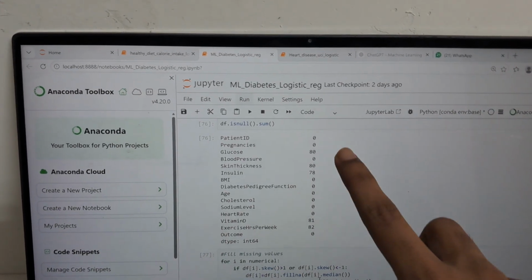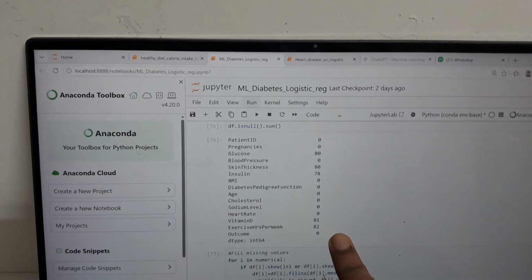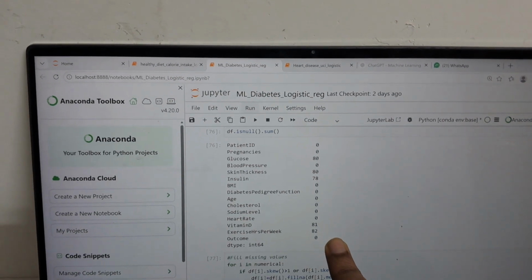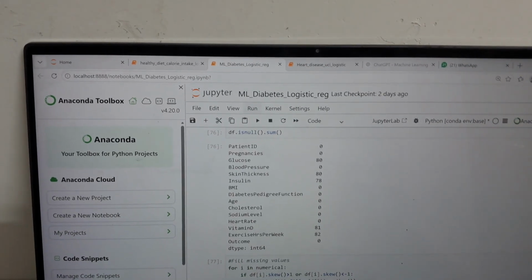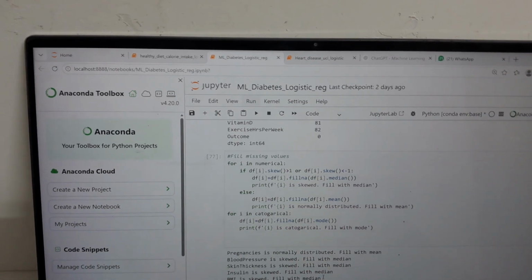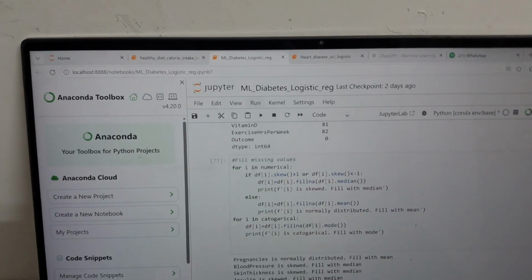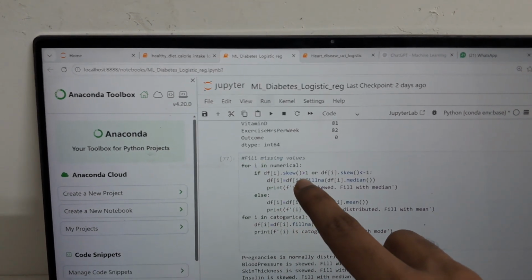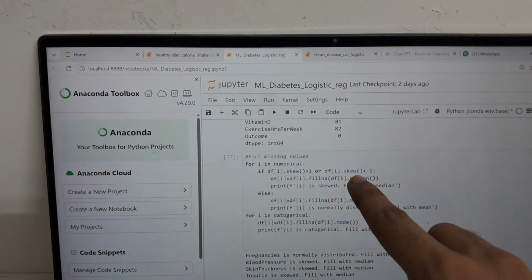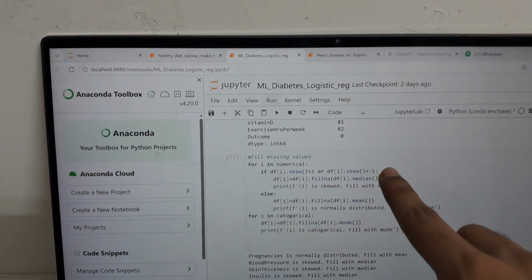Now null values, still there are null values, because I didn't fill the missing values yet. Now I'll fill missing values for i in numerical: if df of i dot skew greater than 1 or df of i dot skew less than -1, it means it is skewed data.